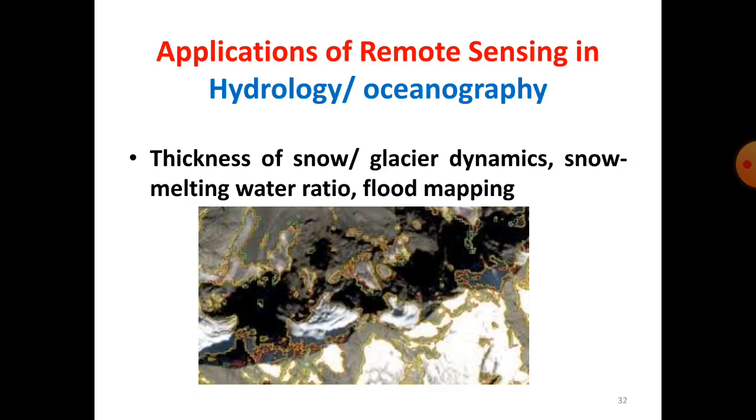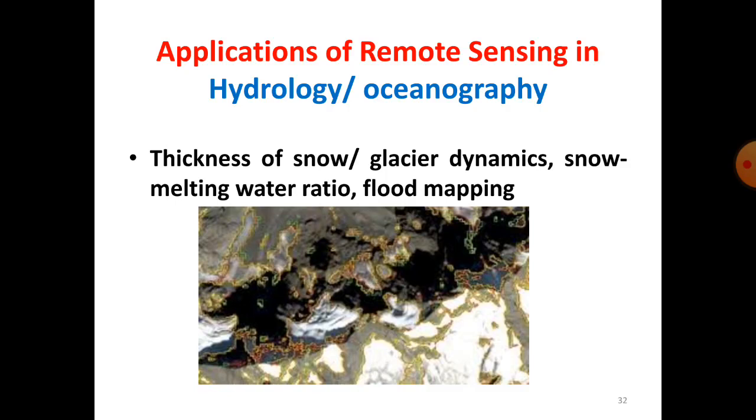The next is, it helps in mapping the thickness of the snow or glacier dynamics. We know that most of our freshwater resources, that is to say reservoirs, are mainly due to the glacier sources. If you look at the river numbers and their origin, most of them are from the glacier region.